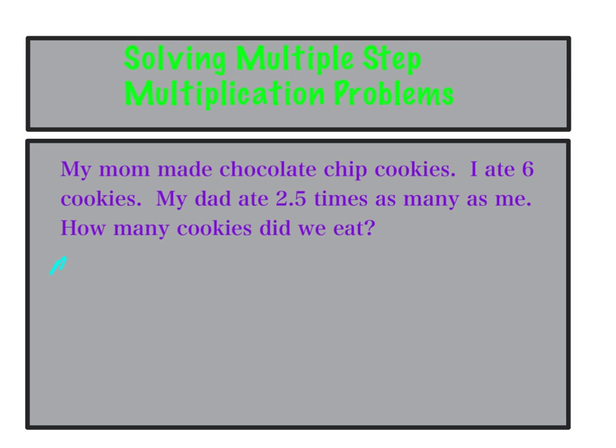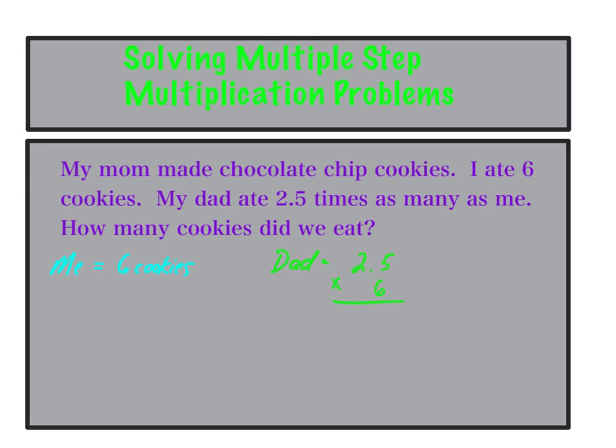So for me, my calculation's pretty easy. I had 6 cookies. The math that we'll get to work on here is trying to figure out what my dad ate. So we need to do 2.5 times as many as me, 2.5 times my 6 cookies.